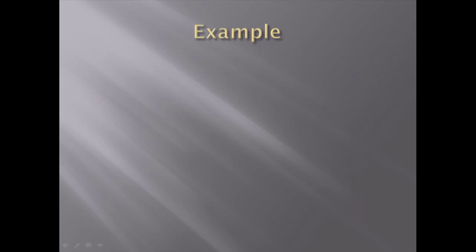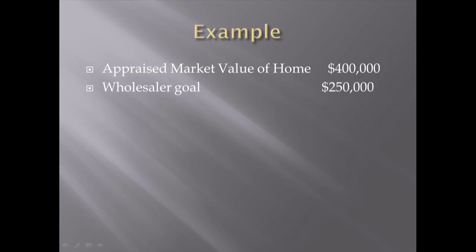Here's an example of a recent wholesale deal where an experienced wholesaler was looking at a property with an appraised market value of $400,000. The wholesaler stated as his aim to get the seller to basically give the property away to him at $250,000 and then to flip the contract to an investor for an assignment fee of around $30,000.